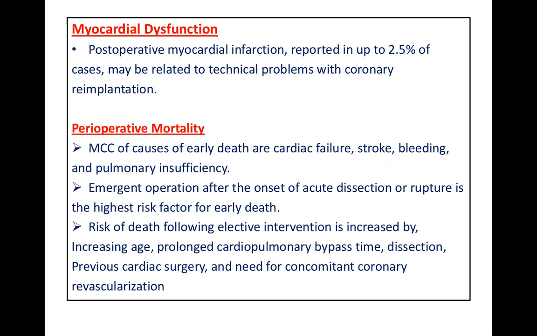Perioperative mortality: the most common causes of early death are cardiac failure, stroke, bleeding, and pulmonary insufficiency. Emergent operation after the onset of acute dissection or rupture is high risk for early death. The risk following elective procedures is increased by increased age, prolonged cardiopulmonary bypass, dissection, previous cardiac surgery, and need for concomitant coronary revascularization.